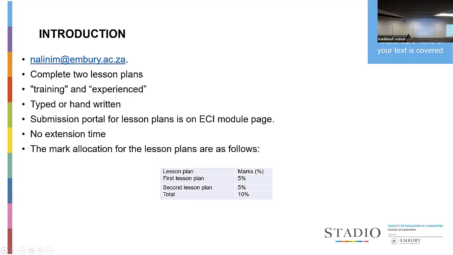The mark allocation for the lesson plans are as follows. The first lesson plan has 5%, and the second lesson plan will be 5%, giving you a total of 10%.